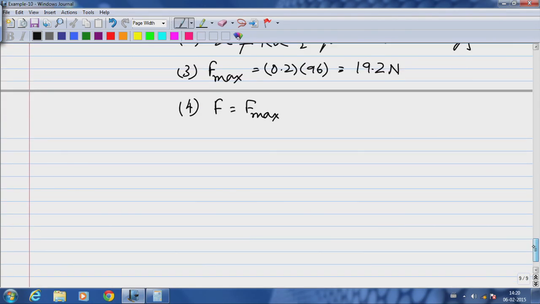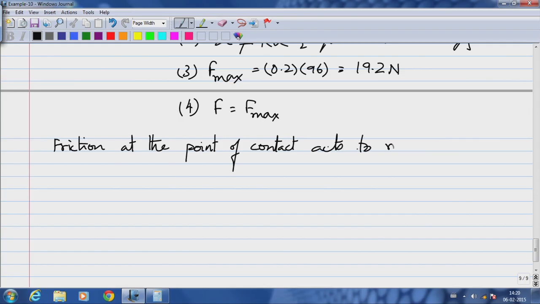That means the friction force tries to do its best to minimize relative motion at the point of contact. So, this is the purpose of friction at the point of contact. Friction at the point of contact acts to minimize relative motion.